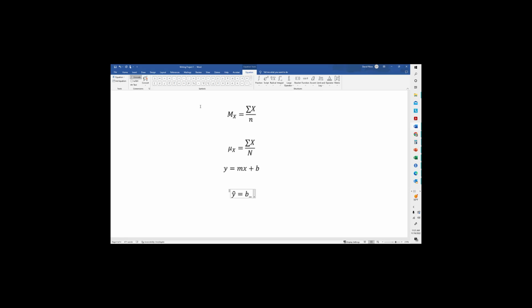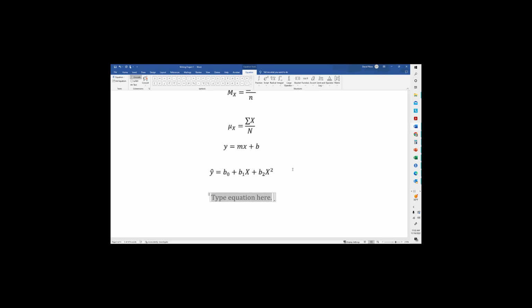B subscript 0 plus B1, B subscript 1, X, plus B subscript 2, X. Caret is going to be for superscript. So we do underscore for subscripts, caret for superscript. 2. Boom.